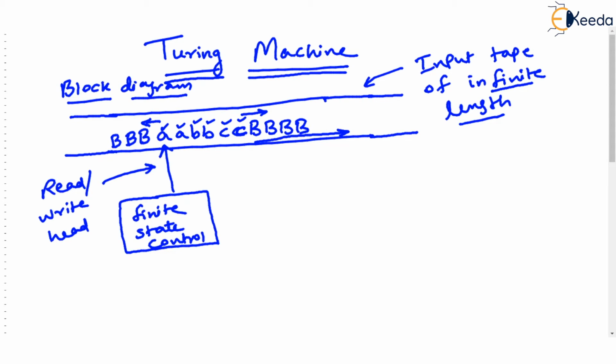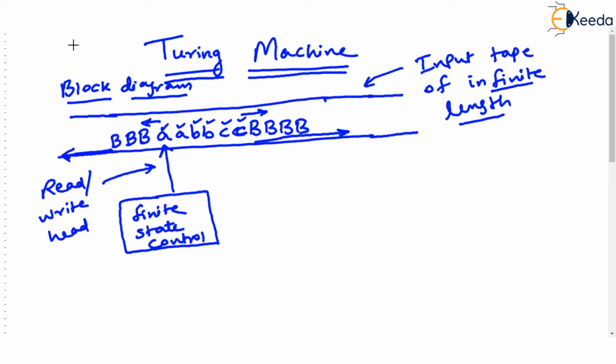These blanks are denoted in our example by capital B. But that's not a convention. You will see every author uses his or her own way of showing the blank symbol. So this is the first component of the Turing machine. It has an input tape of infinite length.